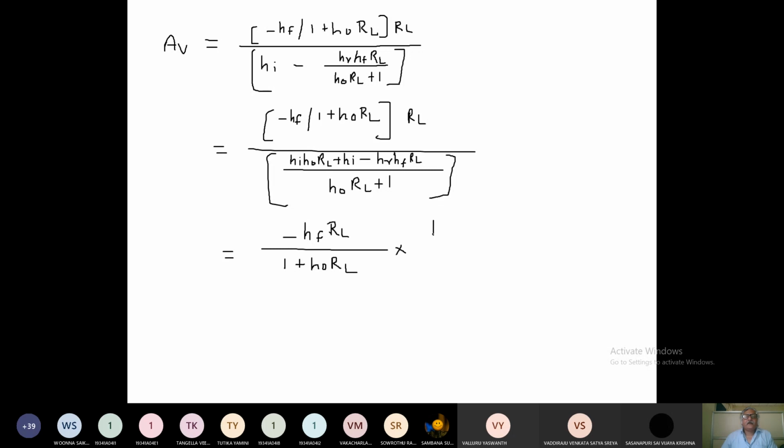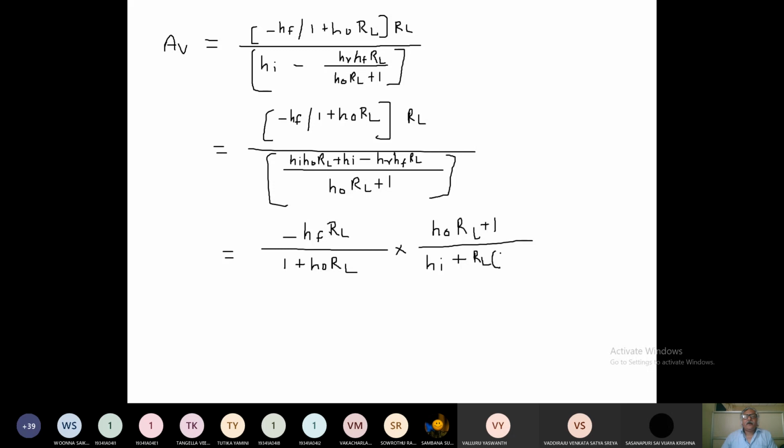So this will be H naught RL plus 1 divided by, now this term Hi H naught RL plus Hi, in this again I will somewhat simplify it. So Hi plus, I will take RL common, right?